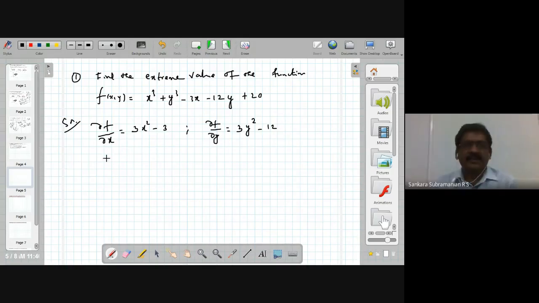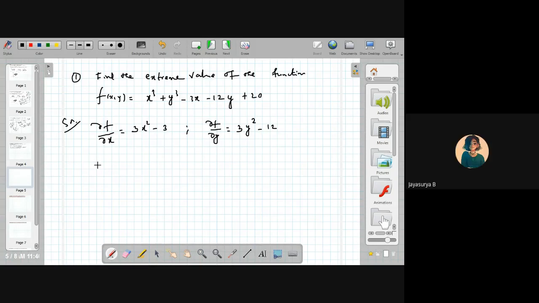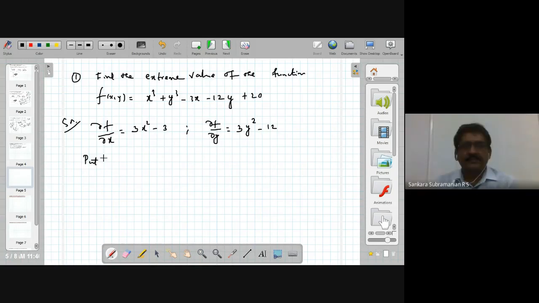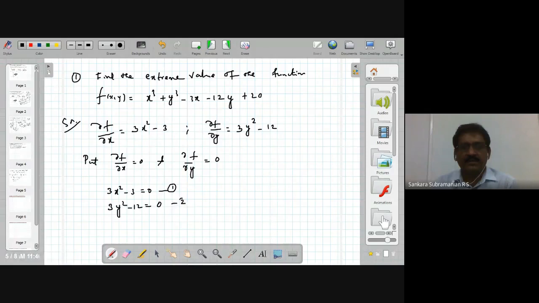Very good. That is the necessary condition. Put dou f by dou x equal to 0 and dou f by dou y equal to 0. So we get 3x square minus 3 equal to 0, make it as equation 1. 3y square minus 12 equal to 0, make it as equation 2.